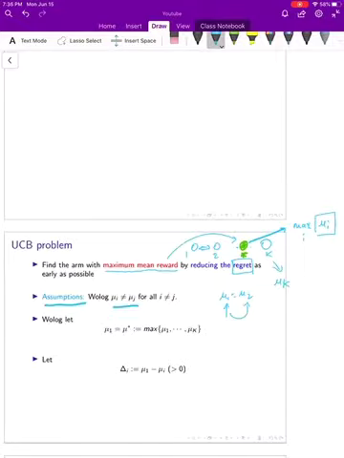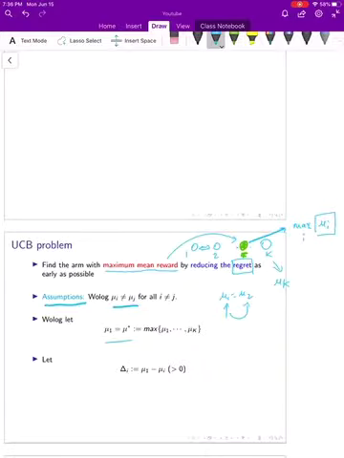We also can assume that the first arm is the mu star. The first arm is the maximum rewarded arm. But this is only for the ease of the notation and the proof technique.